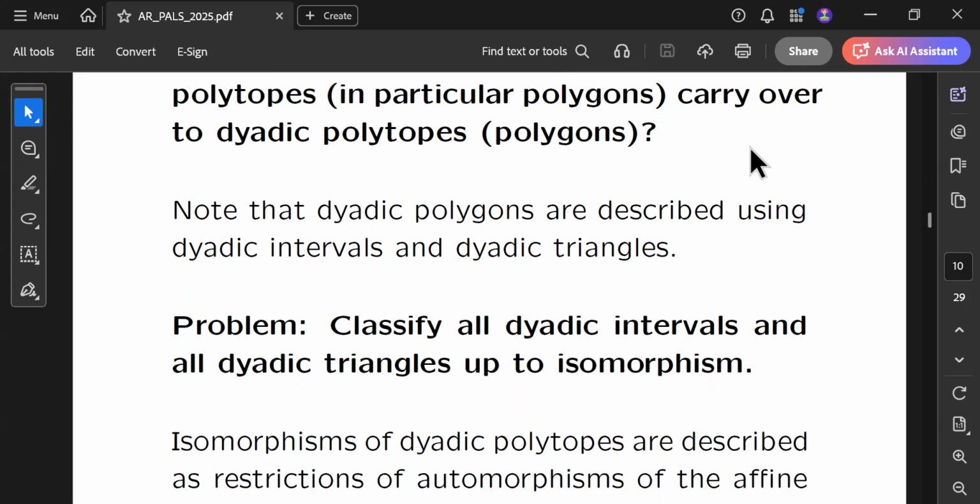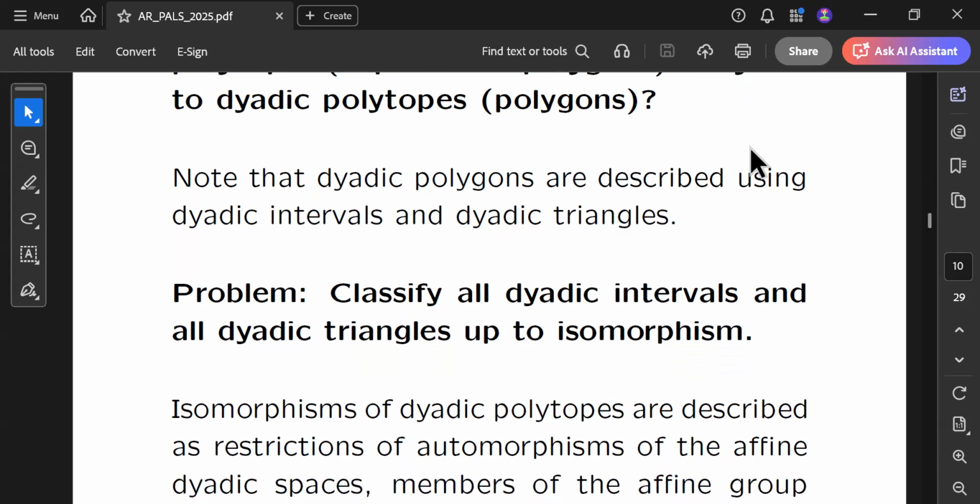When we work with isomorphism of dyadic polytopes, it is very helpful to have in mind that if you take 2 polytopes in the same affine space, the smallest affine space containing them, then an isomorphism from one polytope to the second may be extended to an automorphism of the dyadic space. On the other hand, an automorphism of this dyadic space can be restricted to an isomorphism from a polytope to its image.